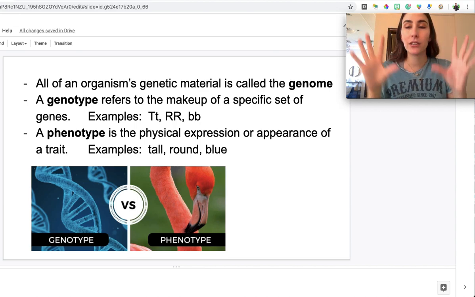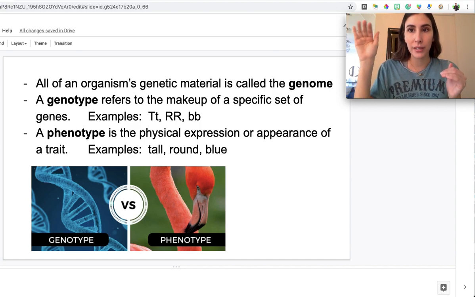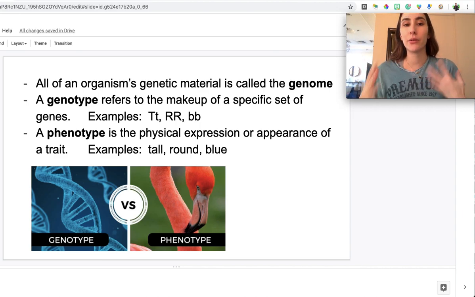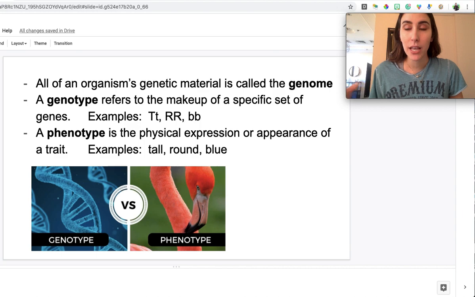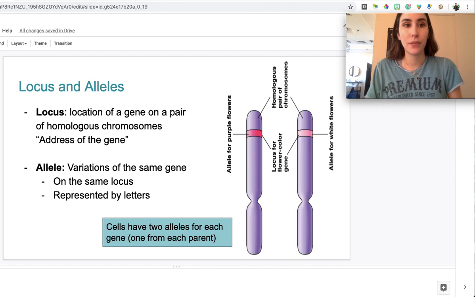Phenotype is the physical expression or trait that we see, such as having blue eyes or being tall or short, having curly hair, wavy hair, having freckles, having dimples, not having dimples, etc. All of these are phenotypes. These are traits, and they are determined by a person's genotype, or genes, which we cannot see because they are found on the chromosomes, they are found on the DNA.